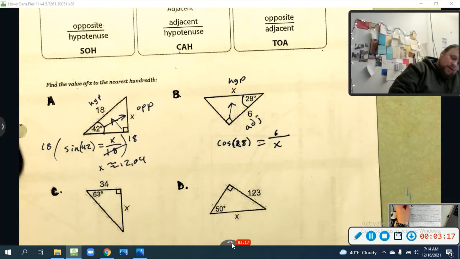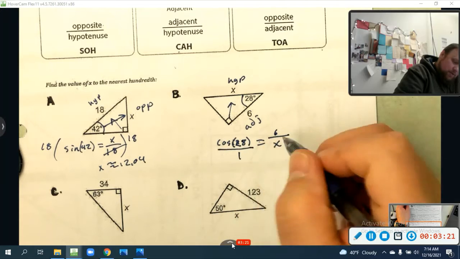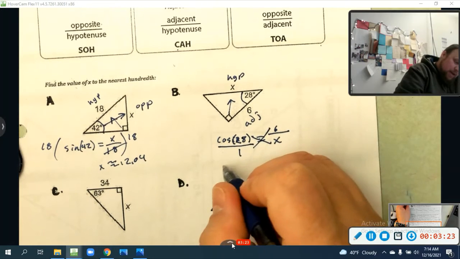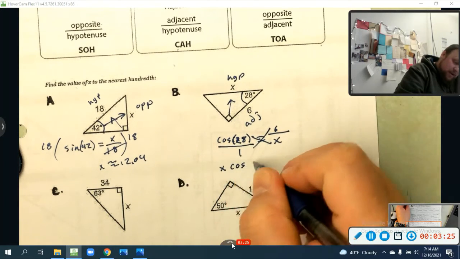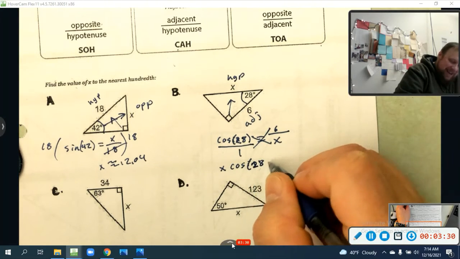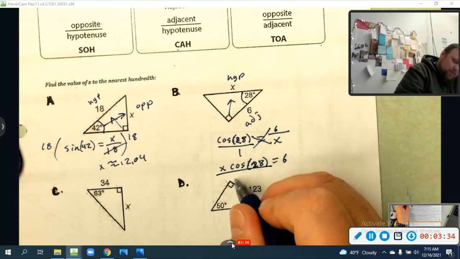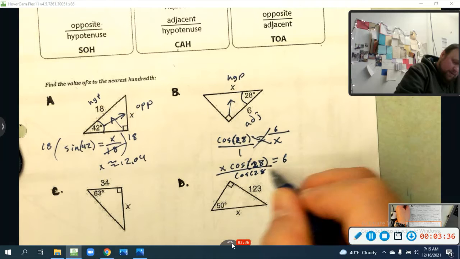Okay? So in this case, I'm going to use cross multiplication. I'm going to have x cosine 28 is equal to 6 times 1, which is 6. So I'm going to divide both sides by cosine 28.